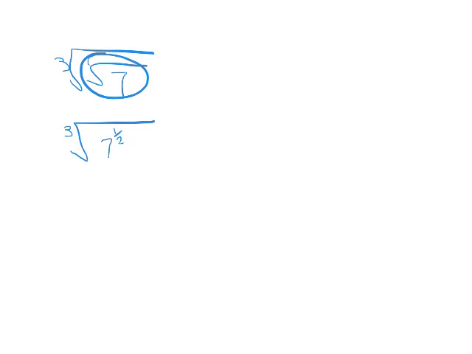And finally, let's do C. We did some of these, I think, last semester. Okay, I work on the inside out, so I'm going to write cubed root of 7 to the 1/2, because I just did this part. Now I'm going to take 7 to the 1/2 to the 1/3 because of this one.